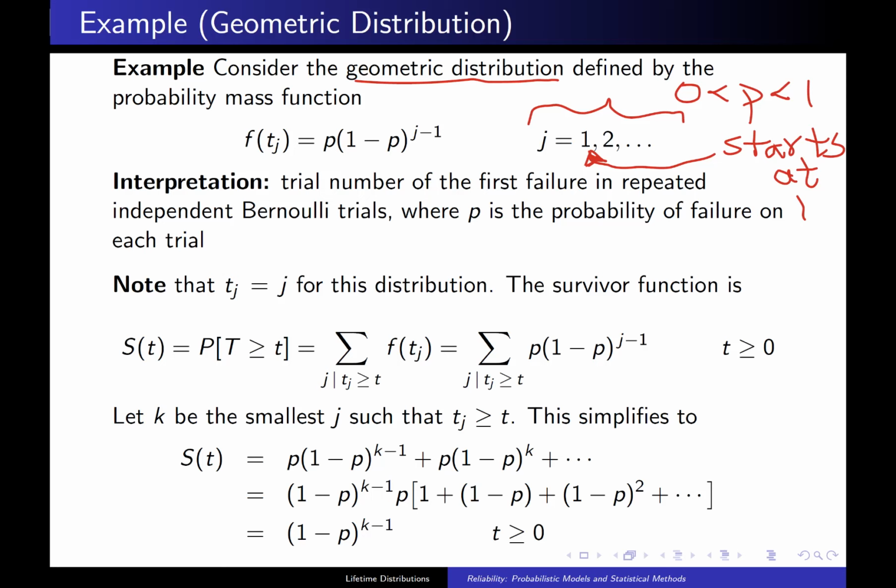The interpretation here is this is the trial number of the first failure in repeated independent Bernoulli trials, where p is the probability of failure on each trial. Now, when you learn the geometric distribution, you typically learn p is the probability of success.